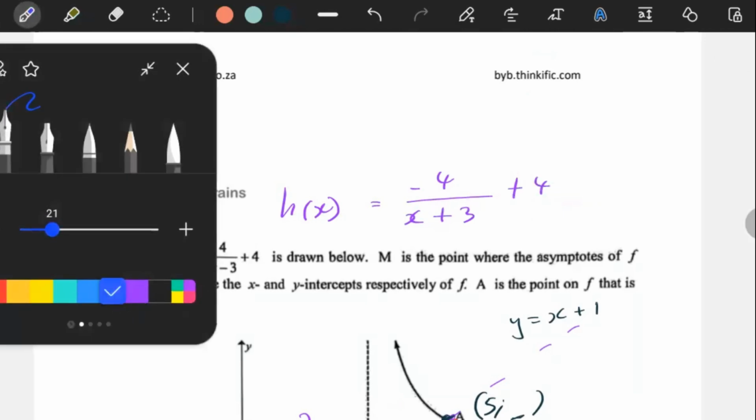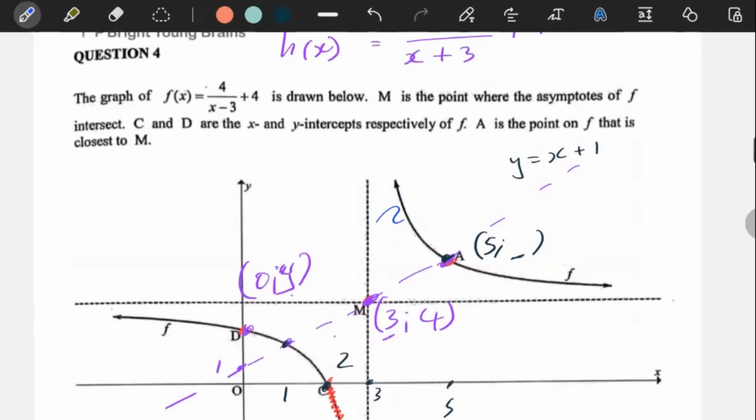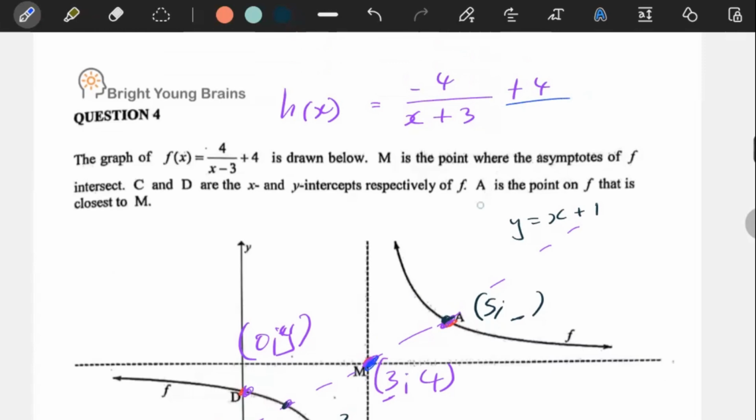So the y asymptote remains the same, right? Oh snap, no, they reflected it about the y asymptote, because the asymptote looks like it's still a 4, right? But then, what? No, wait a minute.